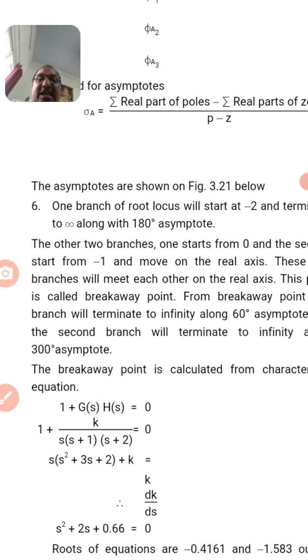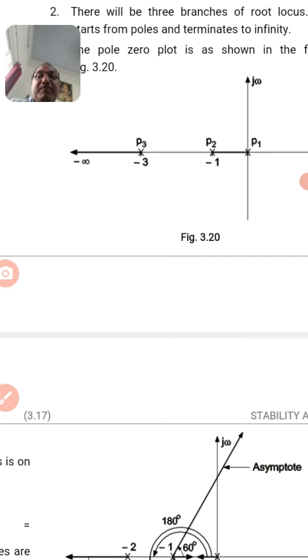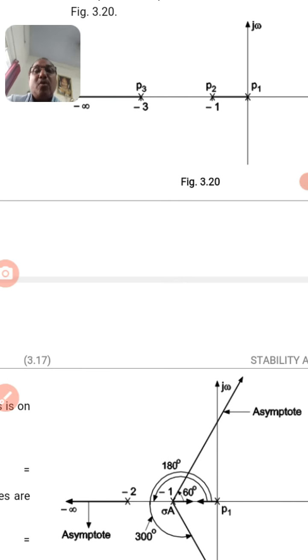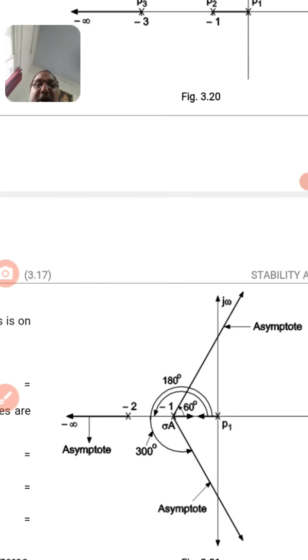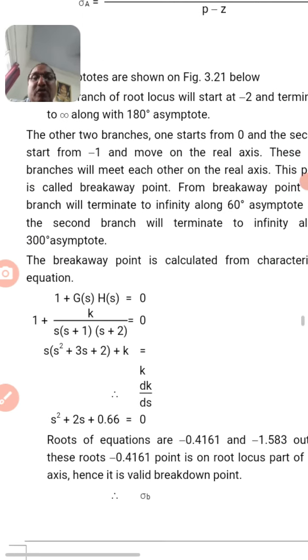These two branches will meet each other on the real axis somewhere. P1 will start from 0 and P2 from minus 1 and will reach a certain point on the axis. That point we have to find out.